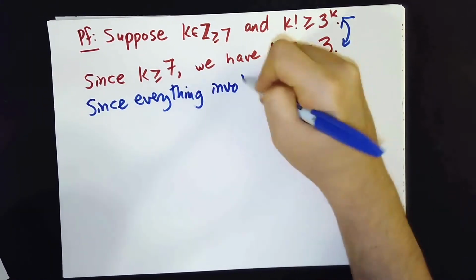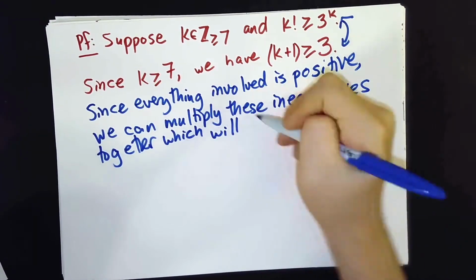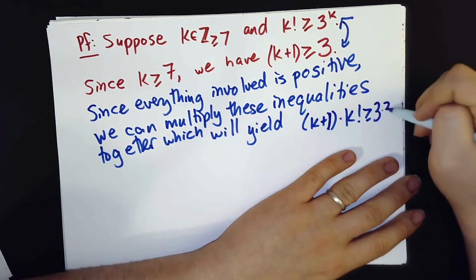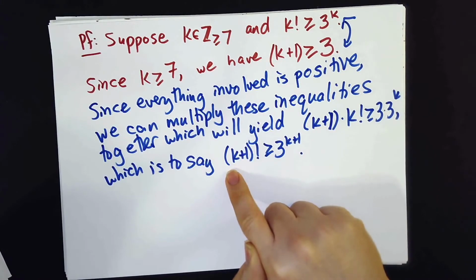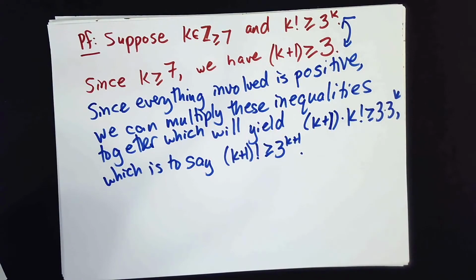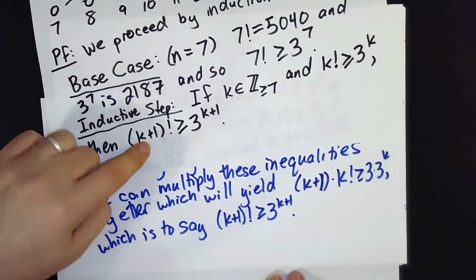So, since everything involved is positive, we can multiply the inequalities together, which will give us k plus 1 times k factorial is greater than or equal to 3 times 3 to the k, and then using how factorials work, that's k plus 1 factorial, and using how exponents work, that's 3 to the k plus 1. And that, what do you know, is exactly the thing that we were trying to prove.